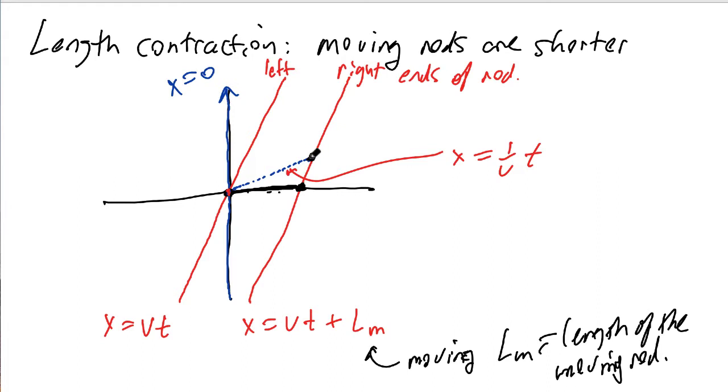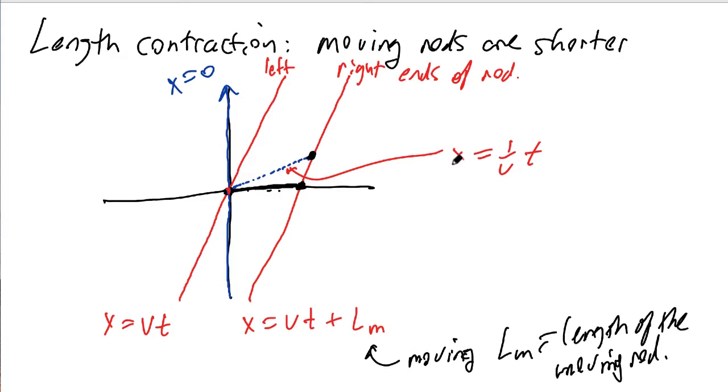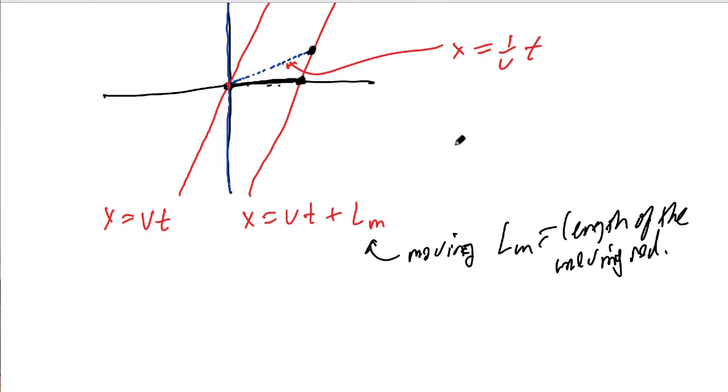So the coordinates of this event, let's work that out. This event lies at the intersection of this line and this line. Both of these equations have x on the left-hand side, so let's set the right-hand sides equal to one another. That's 1 over vt equals vt plus lm.